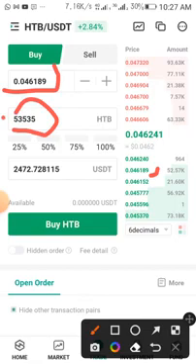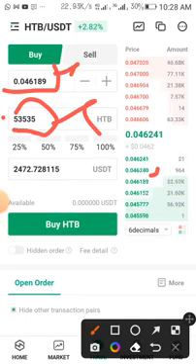The total amount that the buyers want to buy at this price range is 53,535 HTB. So it might not be only one buyer, because if I place my order now, the quantity I want to buy will add up to the 53,535 HTB.